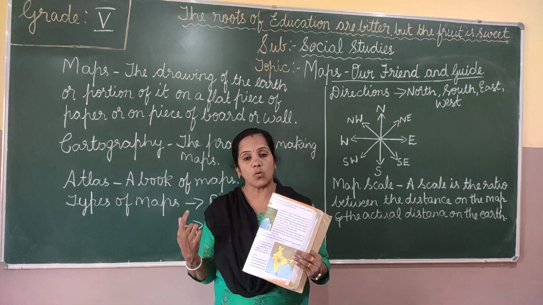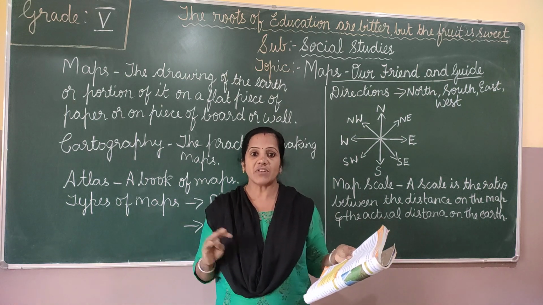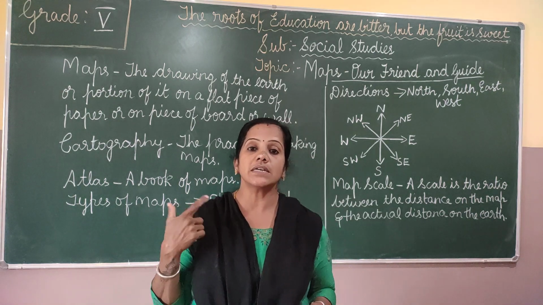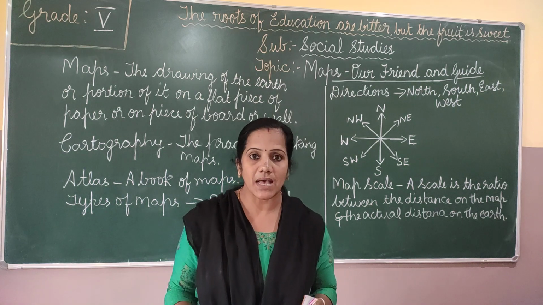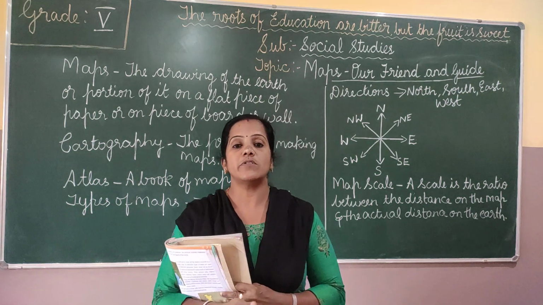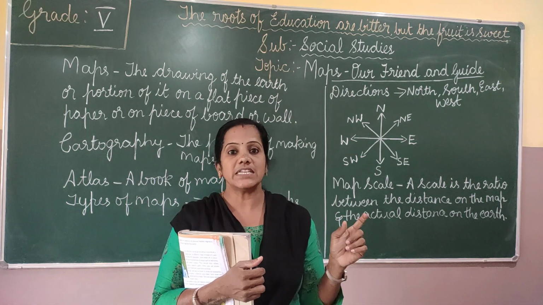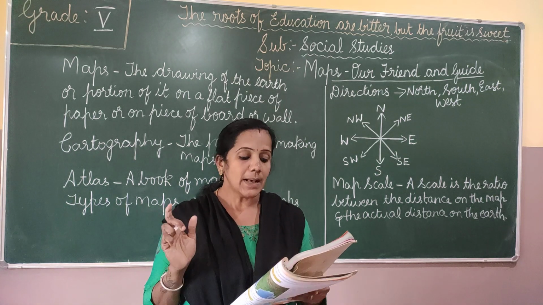We can make the whole world map on a small flat paper, and also a country map separately, a city map, a village map, and a school map, and we can locate places and buildings. So these are the benefits of the map.